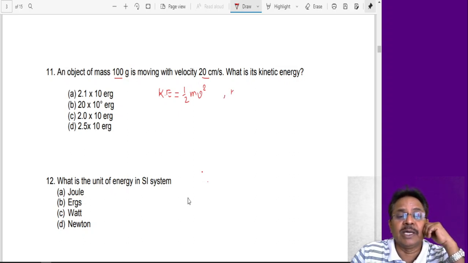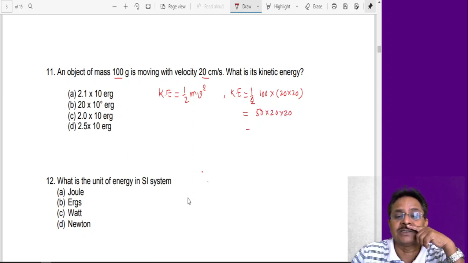So this is given by KE is equal to 1/2 m, mass is 100, and v square is 20 into 20. Making this calculation, that means 50 multiplied by 20 multiplied by 20.